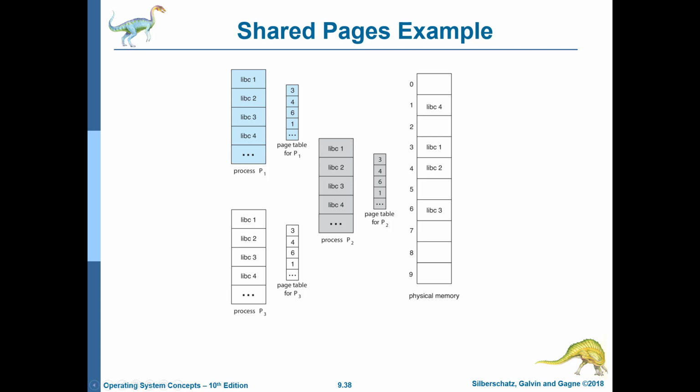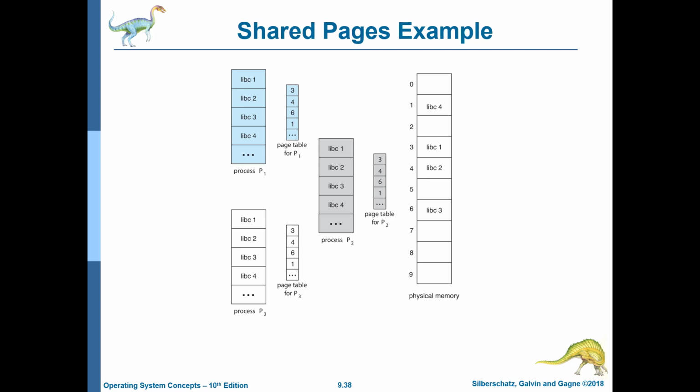So let's go through this example. This example is basically showing you how shared memory is supposed to be done, shared pages. In this case, we are sharing the pages of a library, because consider a generic library like the C library. There is no reason for us to create separate copies of it, because in any case, this piece of code is read-only. So what we do is that we just map them.